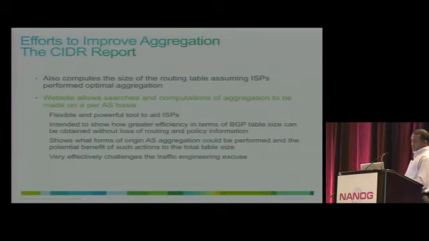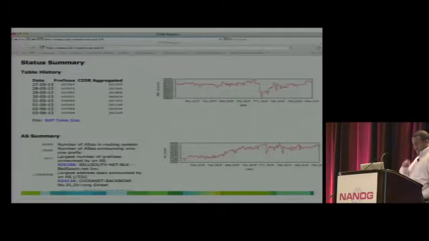So it computes the size of the routing table, assuming ISPs perform optimal aggregation, and compares it to what it is without that optimal aggregation. If we look at the next table here, this is from yesterday.